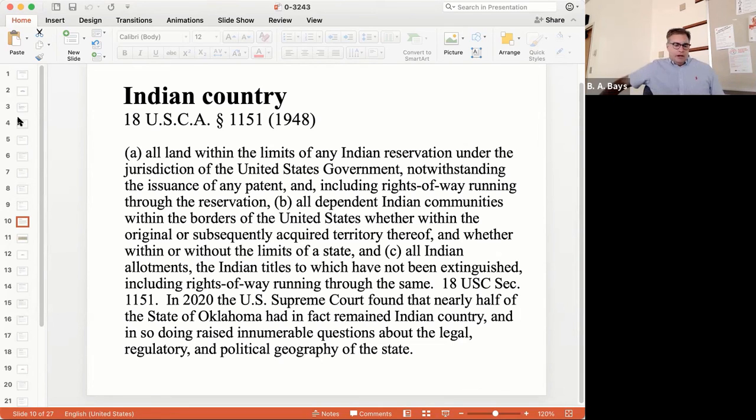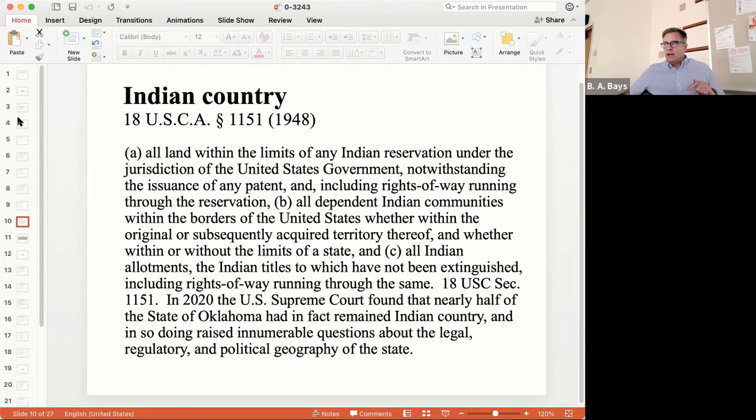Here is something on native or dependent Indian communities, and it's just kind of rough. There's a case that we'll get to eventually called Alaska versus Native Village of Venetie Tribal Government, and that was not that long ago. It delineated two essential characteristics of a dependent Indian community.